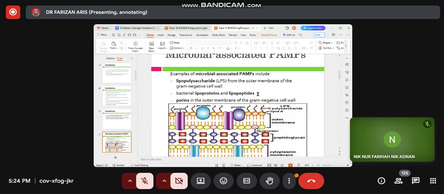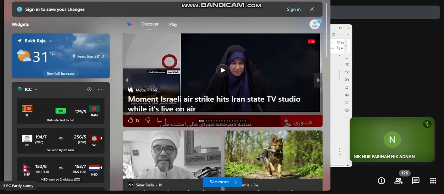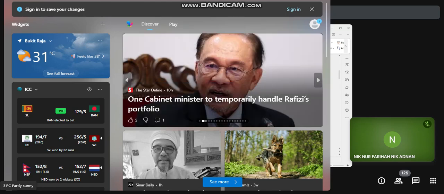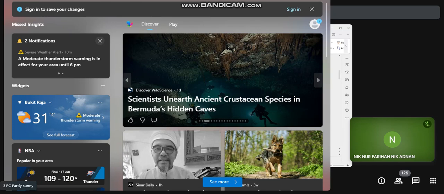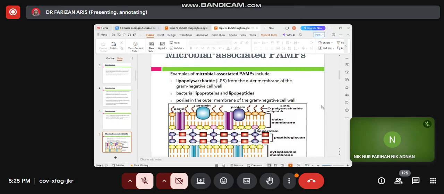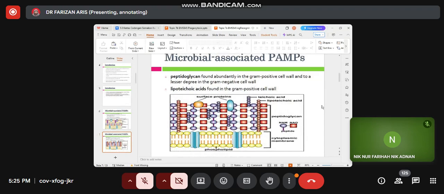We know that these are the criteria of bacteria. They contain porins, lipoproteins, LPS. These are examples of PAMPs. Our immune system recognizes PAMPs because these are proteins that are not present in human tissue, the host tissue. Therefore, they know that these are foreign materials.